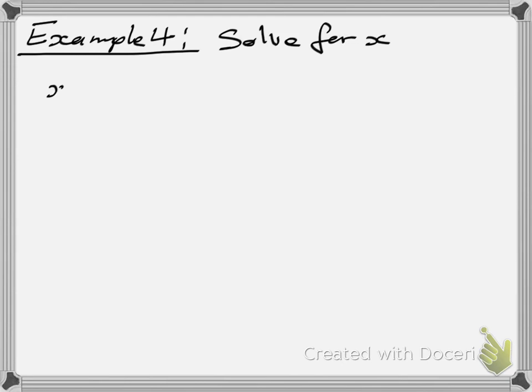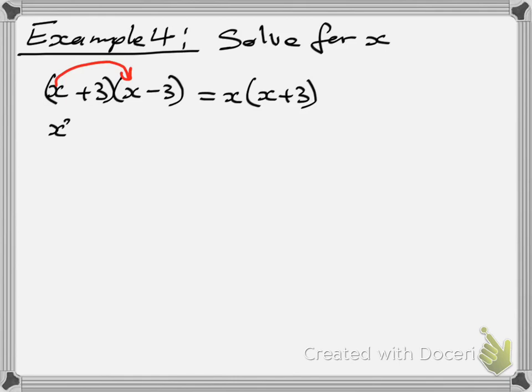Right, moving on to the next example. Solve for x again. x(x + 3) = (x + 3)(x - 3). You remove the brackets.